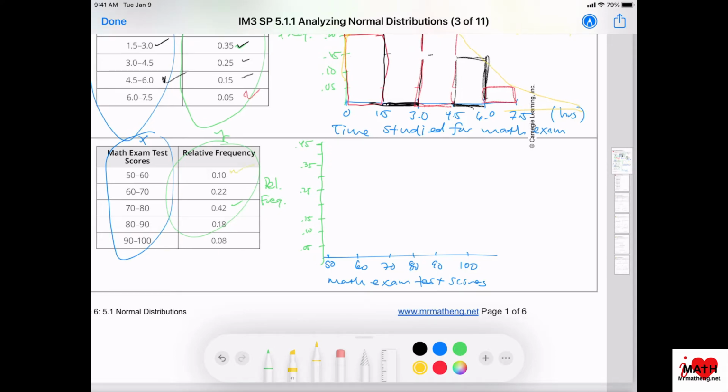All right, so let's do 0.10. There's 0.10 on the relative frequency. 0.22, so that one is 0.20, so something above it. Right there. 0.42, so that's 0.40, so above it.